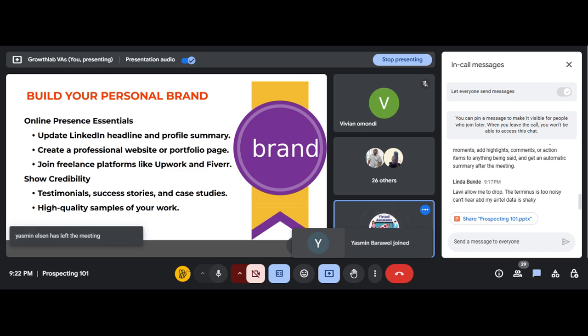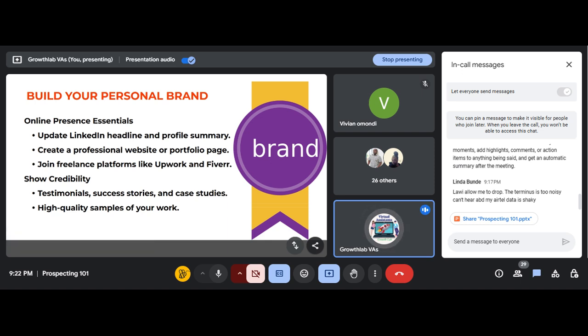So to build your personal brand, you should update your LinkedIn profile from the headline, bio, the about section, the results, the blogs, have a service page. There's a lot that goes into that. Then, if you have the ability, create a professional website. If not, create a portfolio page.